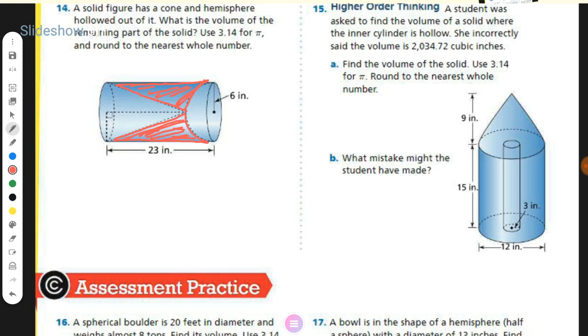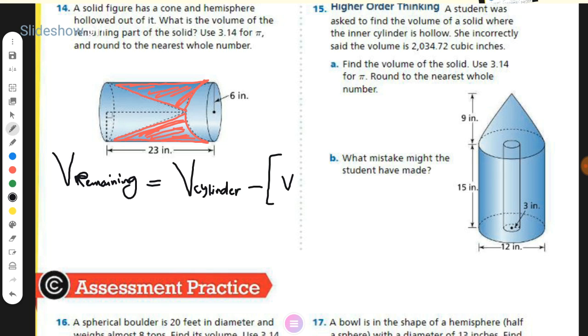I can get the volume of the remaining part, V remaining, equal to the volume of the cylinder, and then cut out from it the volume of the hemisphere plus the volume of the cone.